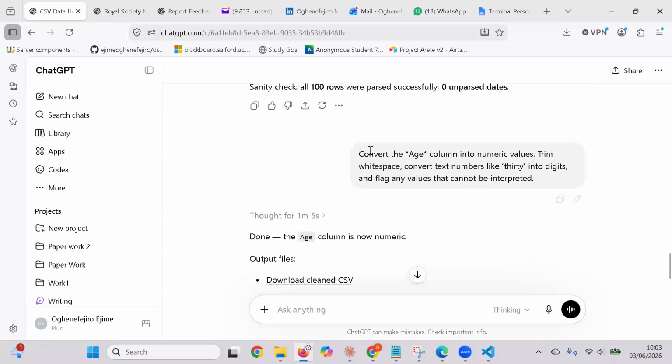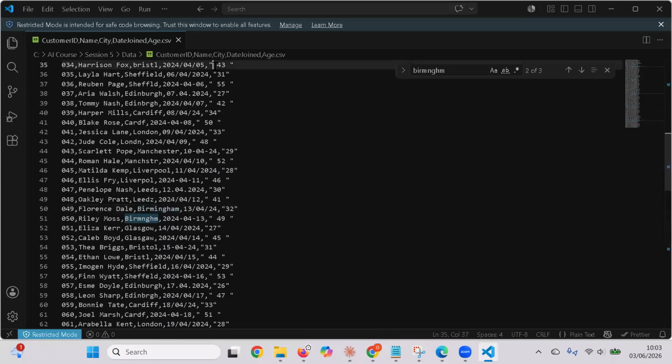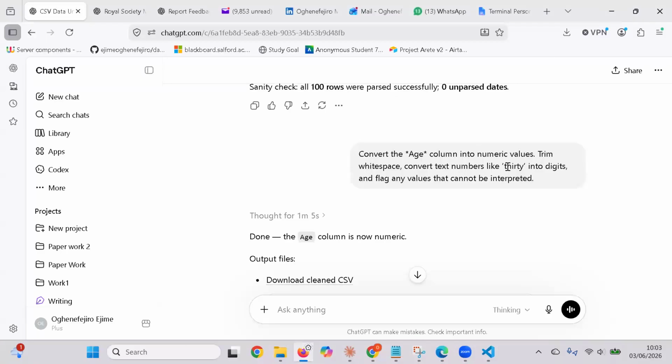Now, again, we did the same for age. Age before in our data was what? Age was a string, a text. Look at it, because we wrap it on this number 43, 31, 55, and so on. They are all now translated into numerical values. How do we do that?